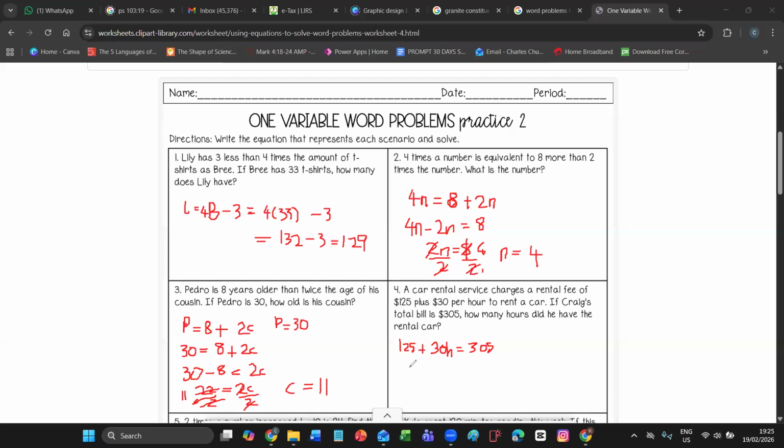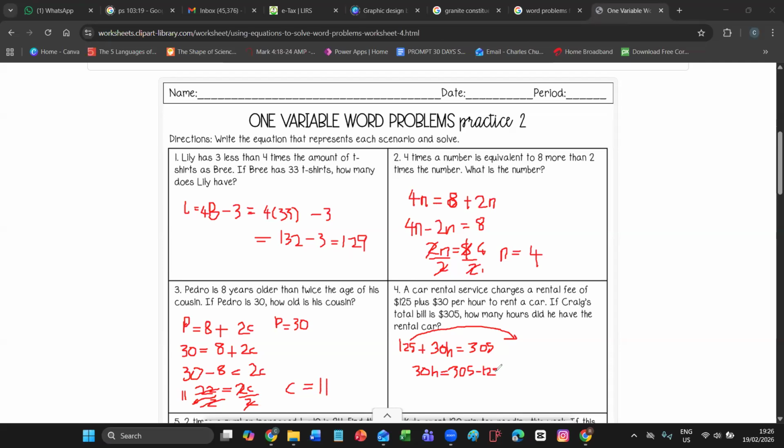All right, so I guess we can collect like terms, right? Yes, sir. 125 we take over to the side of 305. So that will leave us with 30h on the left hand side of the equality sign, and what would that give us on the right hand side? 305 minus 125.